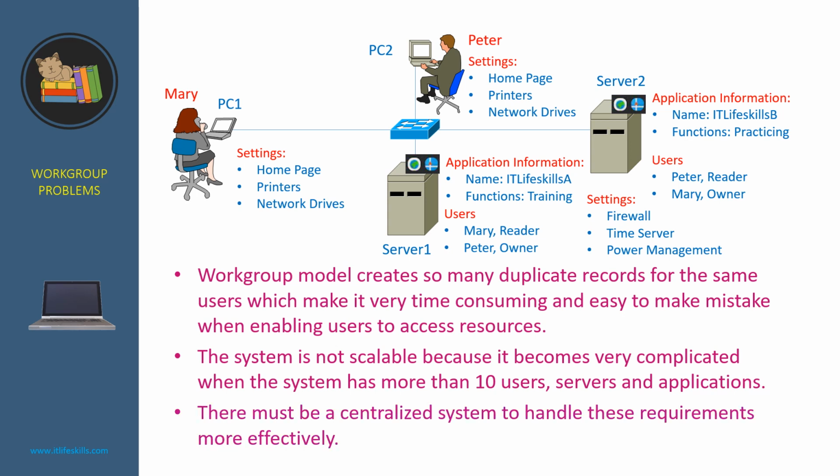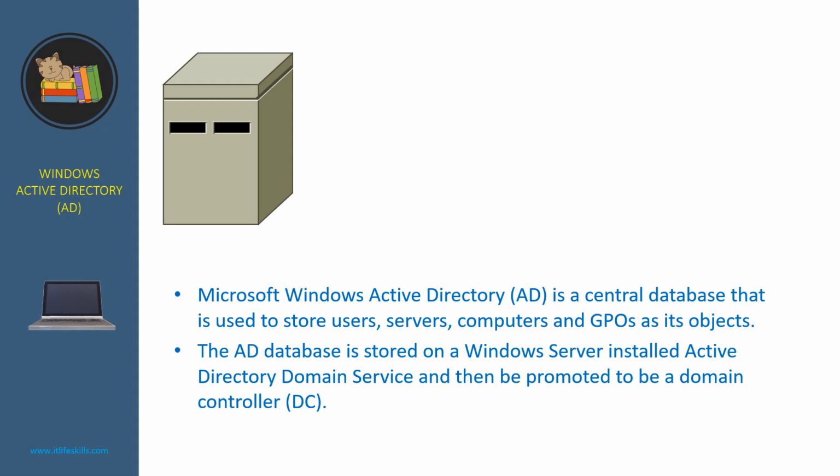There must be a centralized system to handle these requirements more effectively, and that is exactly the reason why Microsoft created Windows Active Directory to solve all of these problems.